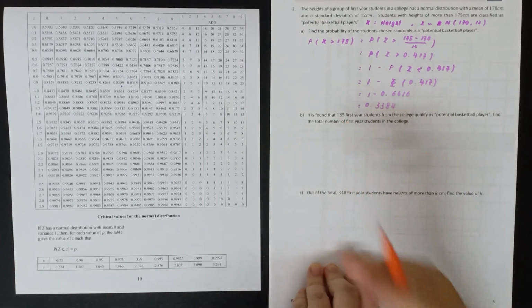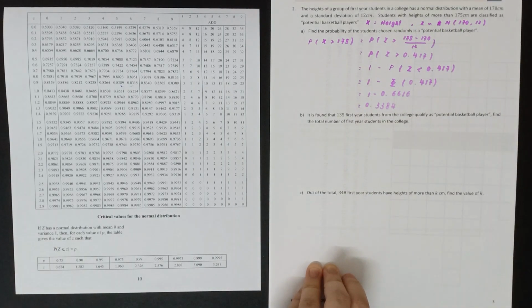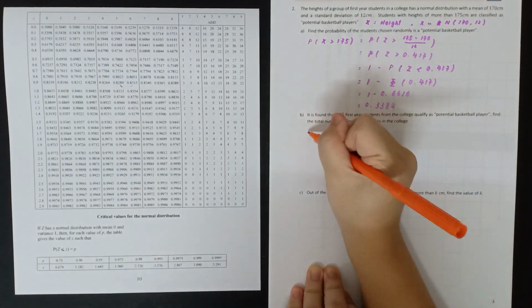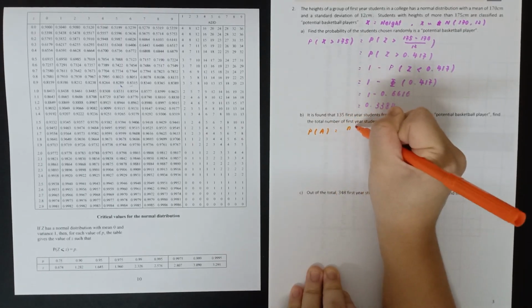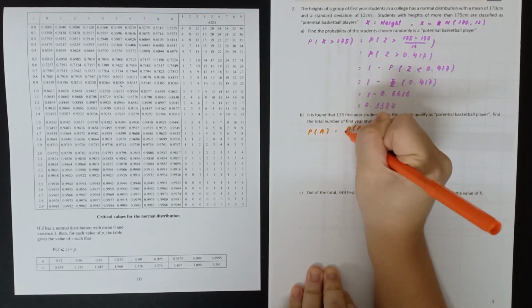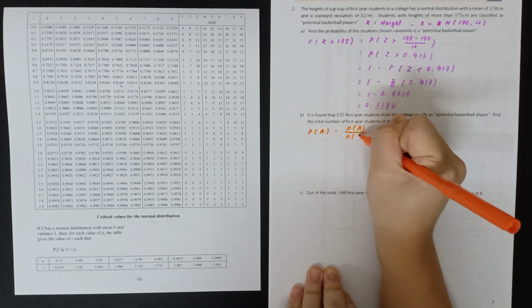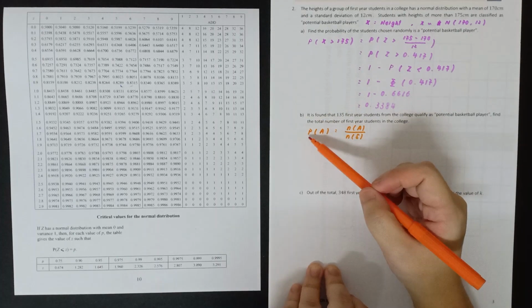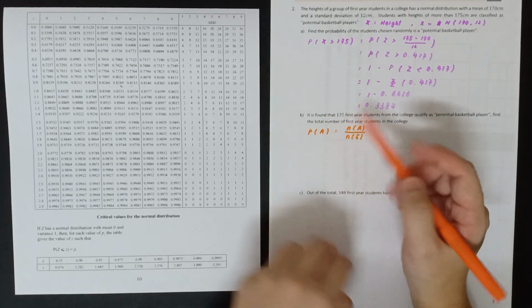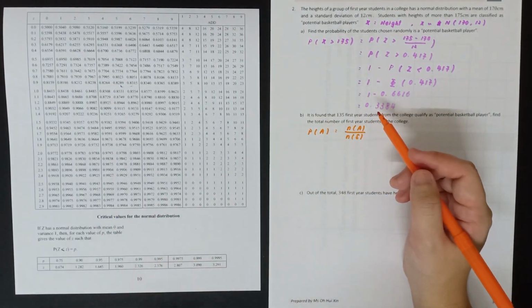If you still remember, in the first chapter we learned that the probability for A will be equal to the number of A divided by the number of S. If you forgot already, then please check it back. Meaning the probability for you to get a boy is basically equal to the number of boys divided by the total number of students.